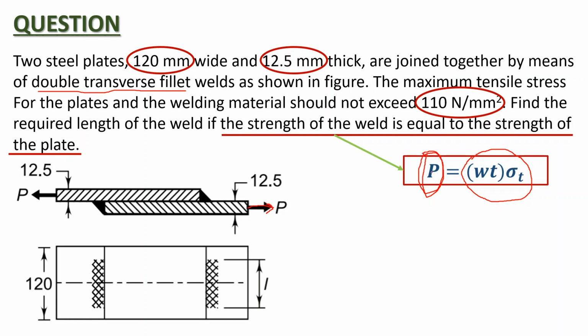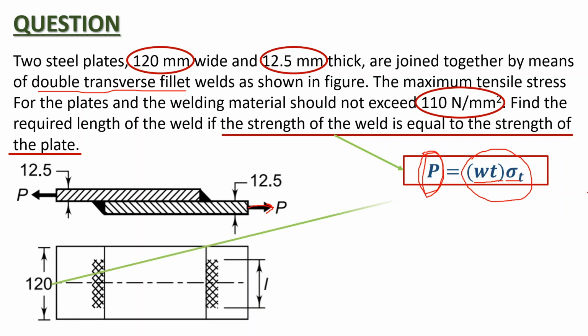As you know, stress is equal to load divided by area. Therefore, the maximum load which the plate can withstand without failure will be equal to the cross-sectional area of the plate times the tensile strength of the plate.